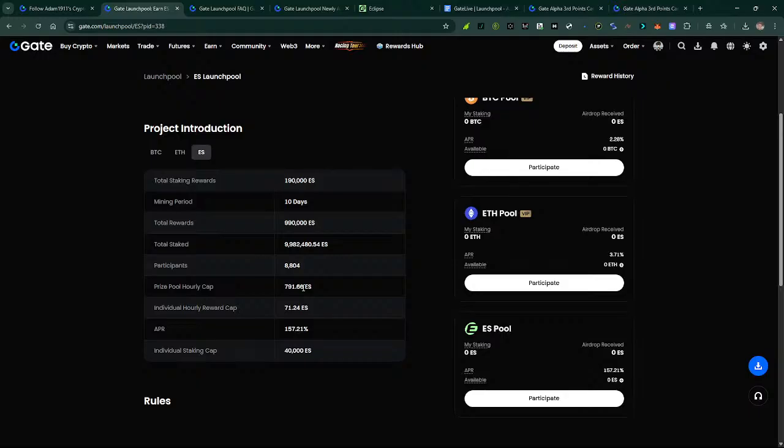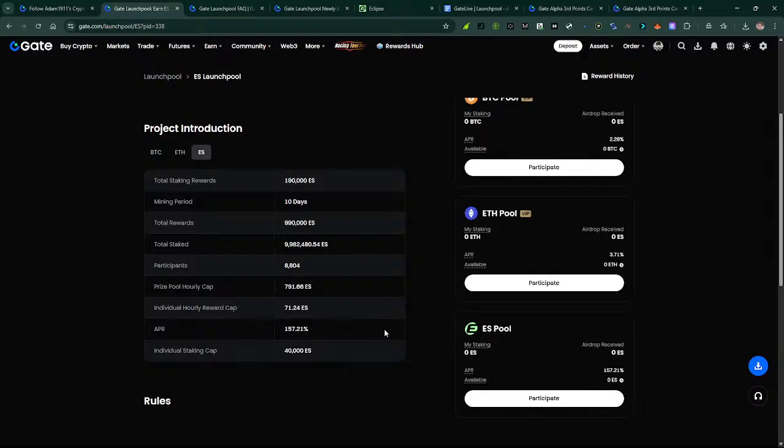And this is at maximum, not at minimum or in between. The individual hourly reward cap is 71.24 ES tokens. So remember that this much is your maximum cap; you cannot get more tokens each hour. And APR is 157.21%.